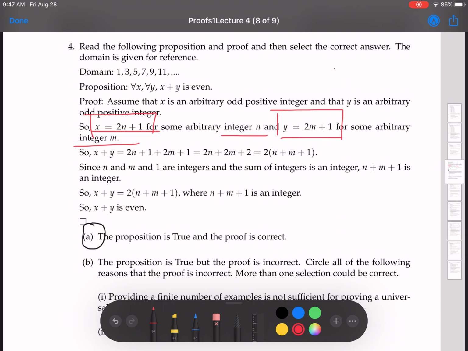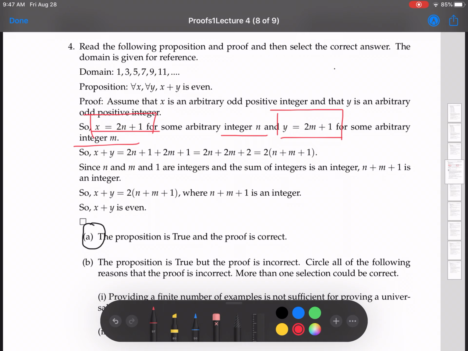Now I should note that we can't say that X is equal to 2n plus 1 and Y is equal to 2n plus 1, because that's too specific. That's saying that we're adding the same positive odd integer.